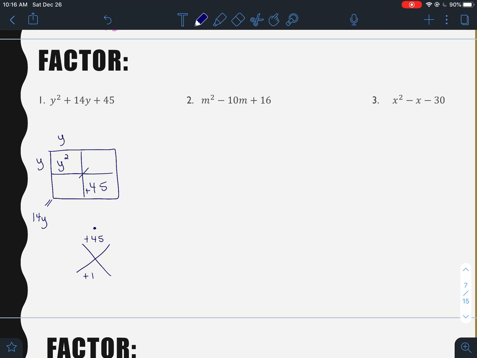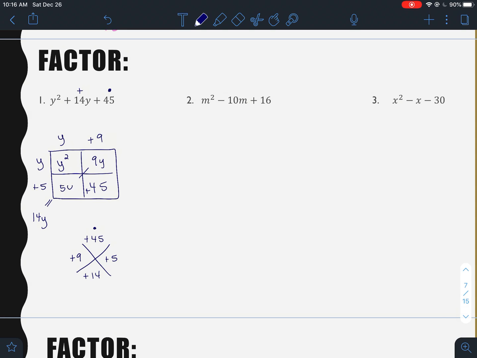So I need two numbers. When I multiply them together, I get 45. And when I add them together, I get 14. So multiply to 45 and add to 14. So what times what is 45, but when I add them together, I get 14? Well, positive 9 and positive 5. 9 times 5 is 45. 9 plus 5 is 14.